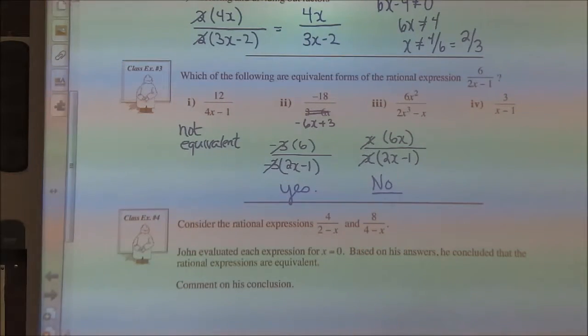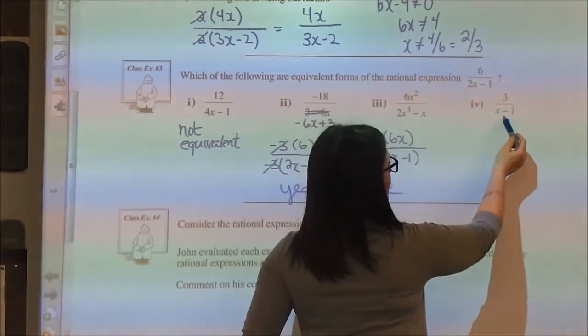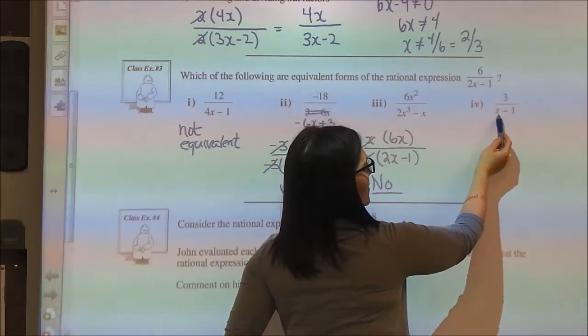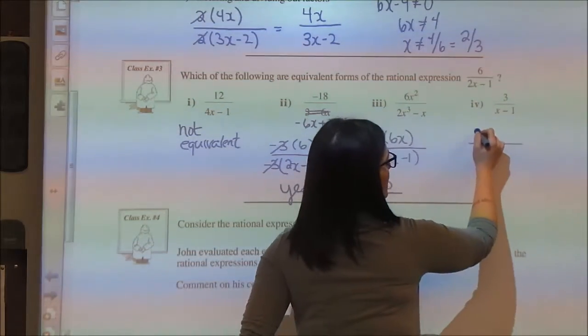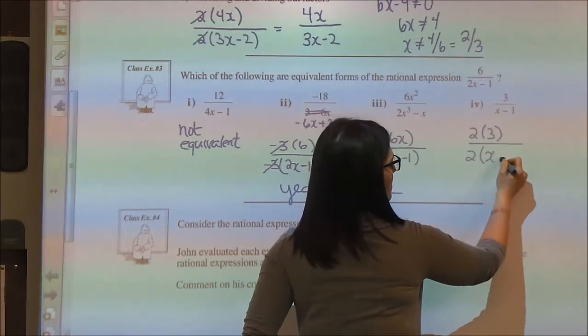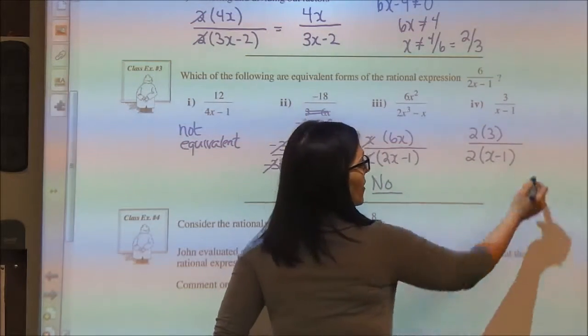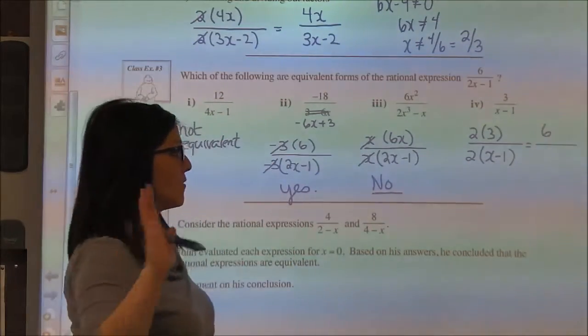And then if I look at the last one, this one almost looks a little backwards. If I was looking at how do I go from this x to this 2, I could multiply by 2. And when I multiply by 2, I get 6 on the top, so we're okay so far.